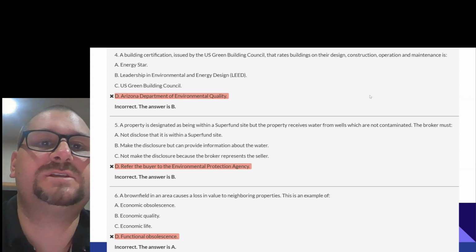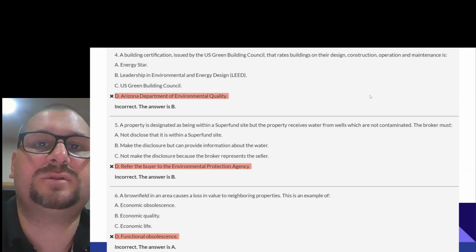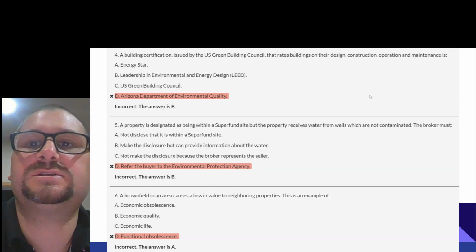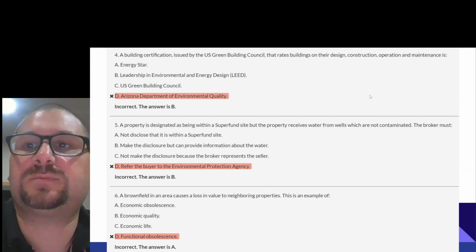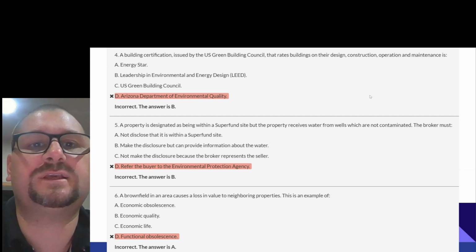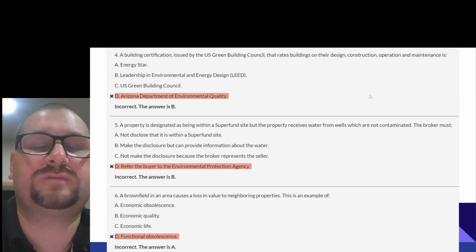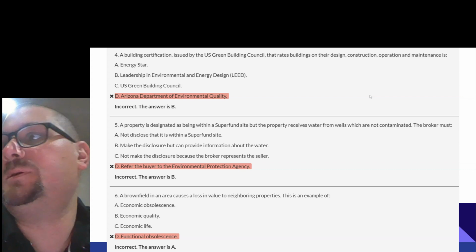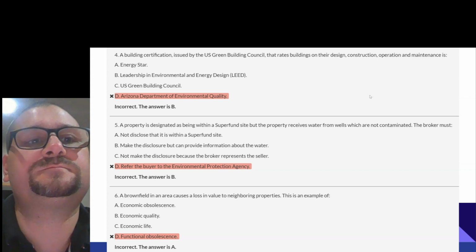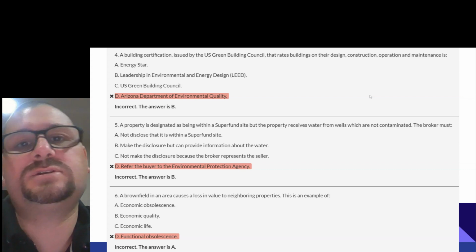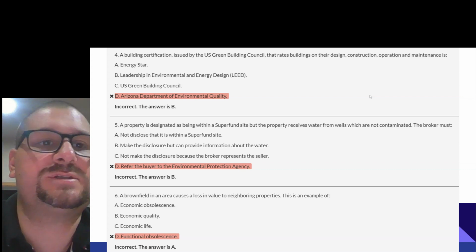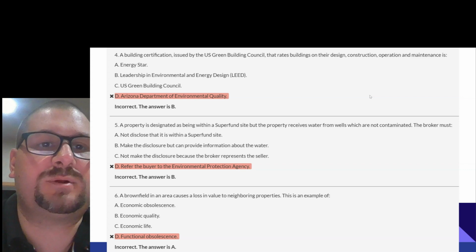It's a building certification issued by the U.S. Green Building Council that rates buildings on their design, construction, operation, and maintenance. LEED is a building certification. So is it Energy Star? No. Is it U.S. Green Building Council? No. Arizona Department of Environmental Quality? No.